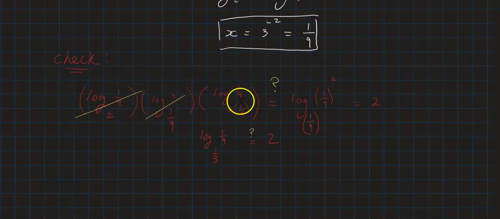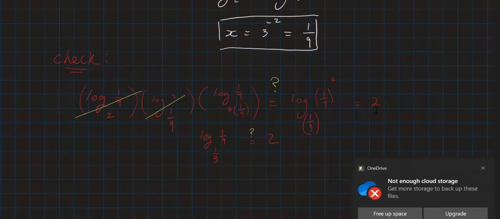Now when you simplify this left hand side, you will end up getting log of 1 over 9 base 1/3, because you have to simplify the expression. Now on the right hand side, we know that log of 1 over 9 squared base 1 over 9 is equal to 2. That's just simple.